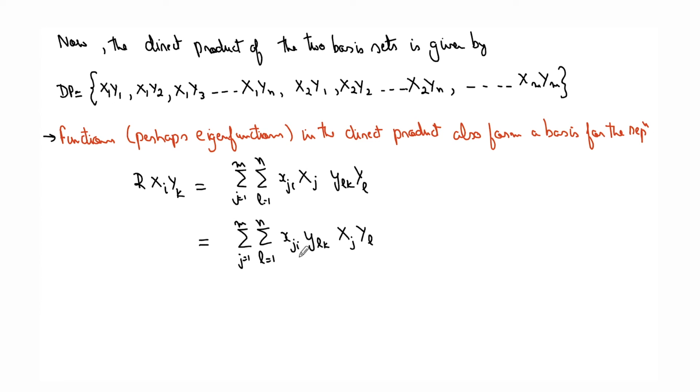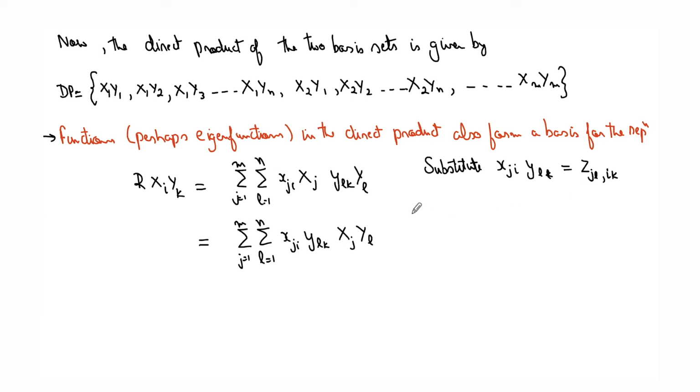These two are numbers, so we can make a product and substitute xji ylk with z, and we'll combine the two indices jl and ik. I can always do that because these are numbers, right?